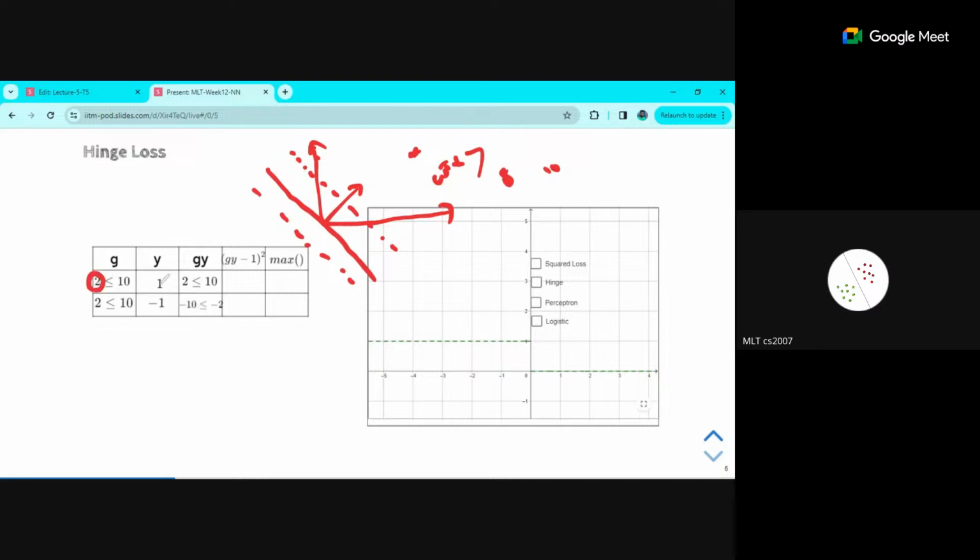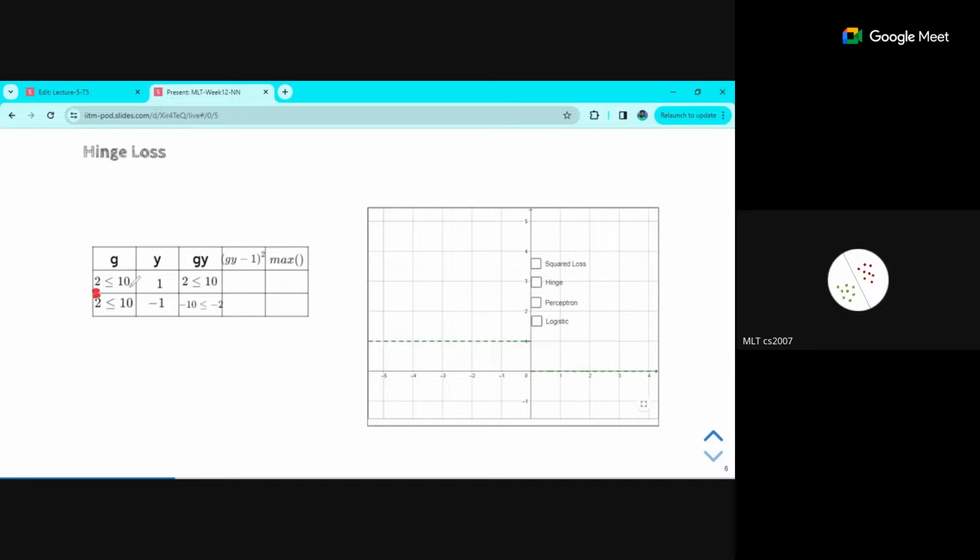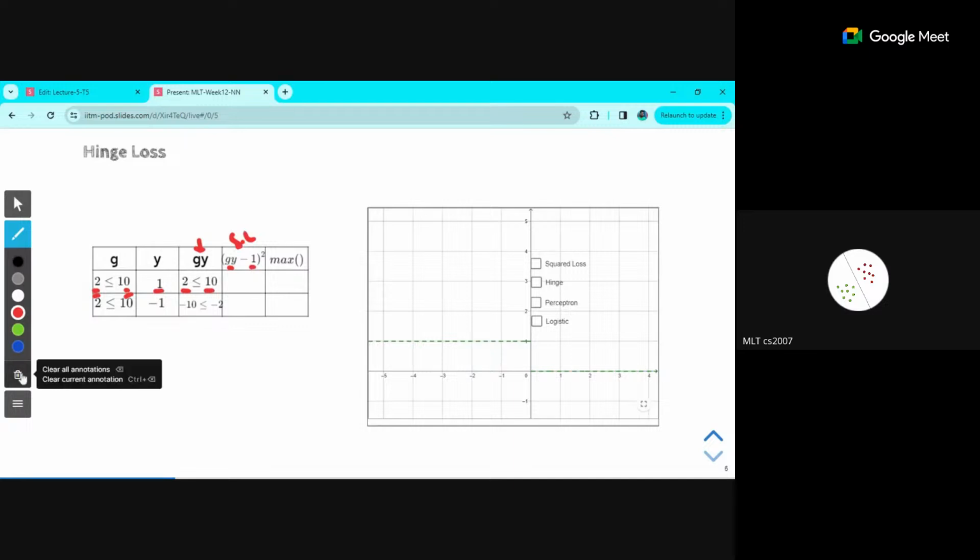And this is good if it happens for the correct label. Let's say my W transpose X value varies between 2 and 10. That is really good, and the range of the product GY will not change, it will remain 2 to 10. Then I plug this into the squared loss function, and it gives me a range between 2 minus 1, that is 1 squared, and 10 minus 1, that is 9 squared.